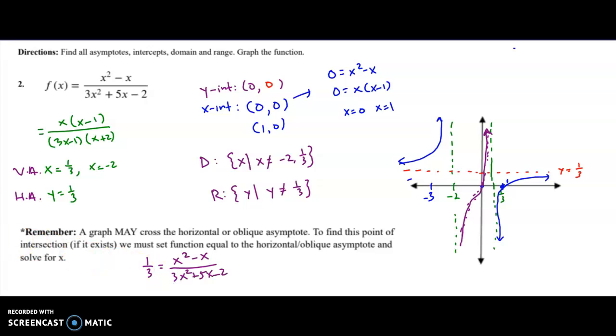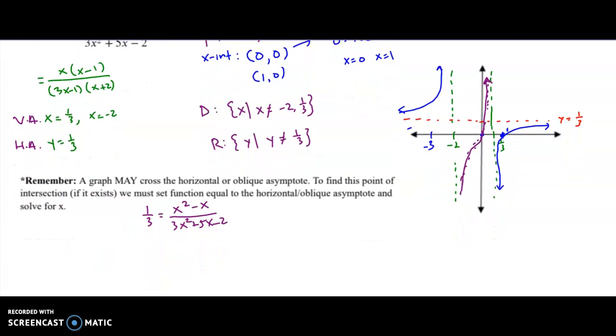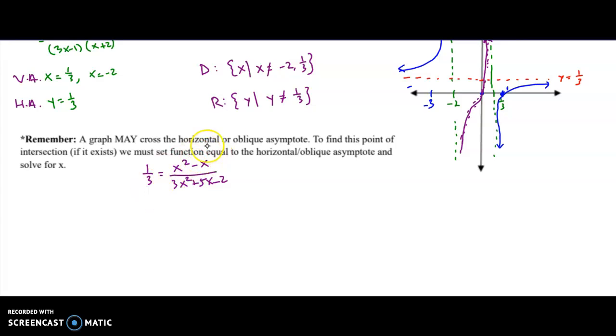All right. I'm going to use some algebra solving skills. I'm going to cross multiply, right? So I'm going to get 3x squared plus 5x minus 2, because that's just equal to 1, right? Equals, and I know I'm going to have to distribute this 3 to the x squared minus x.